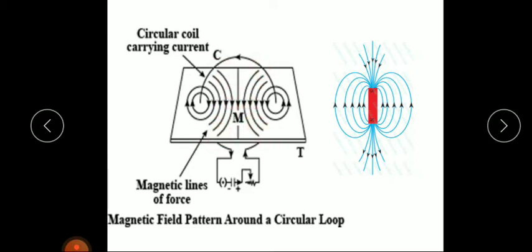We know that field lines are coming out from the north pole of the bar magnet. So we can say this face of the circular coil acts as a north pole. So when the current is in the anti-clockwise direction, field lines appear to be coming out from this face. So this face acts as the north pole.